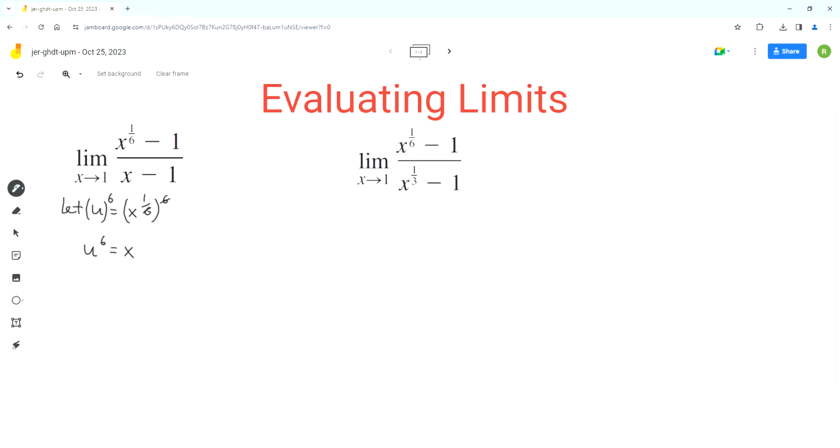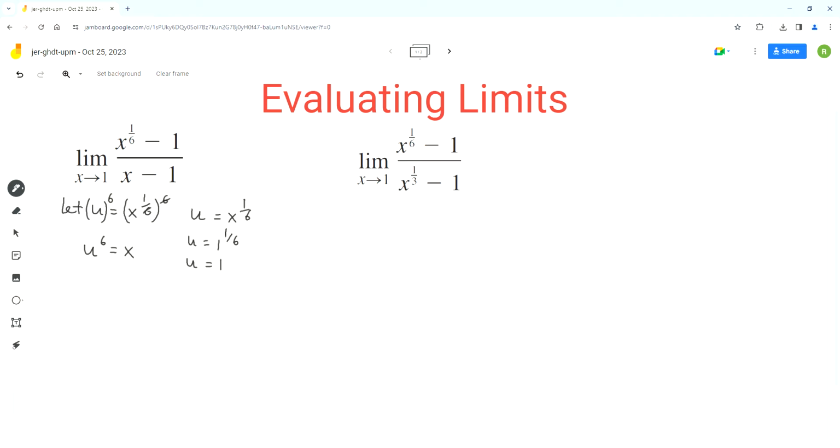Now the given limit is x approaches 1, so we'll have to change that to u, and for that we'll sub in x as 1 in our u statement. So our u statement was let u equals x to the power 1 over 6. So we'll sub in x as 1. So we get 1 to the power 1 over 6. So u equals 1.